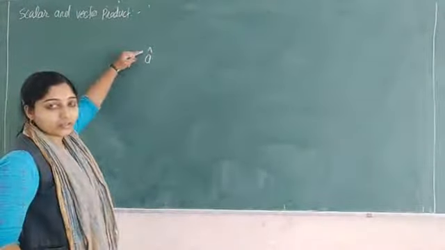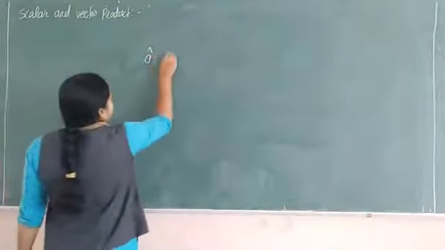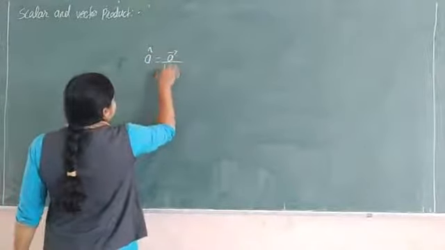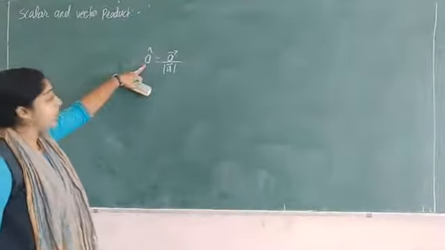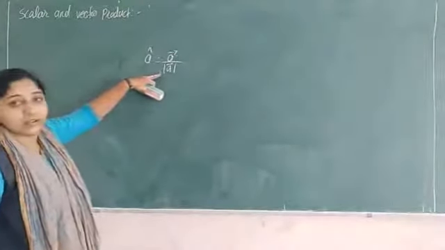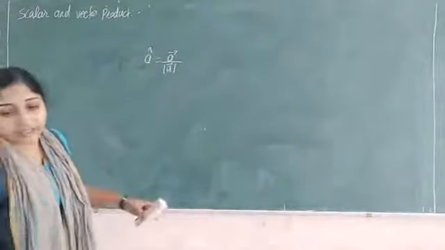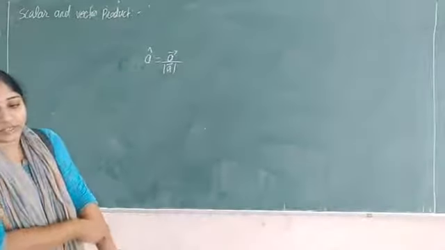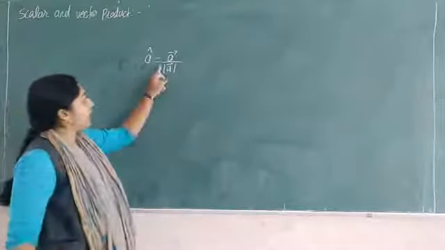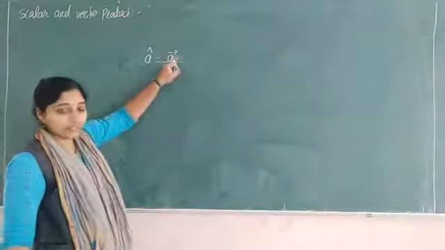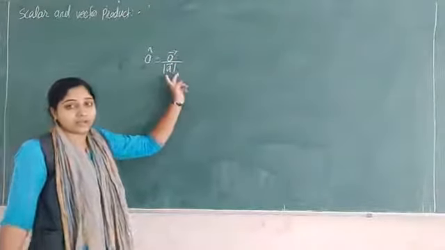So A with this cap is the notation for the unit vector, and it is given by vector A divided by the modulus of vector A. We can define a unit vector as a vector which has magnitude 1. It is given by the vector itself divided by its modulus, so we have to find the modulus and write the value here.